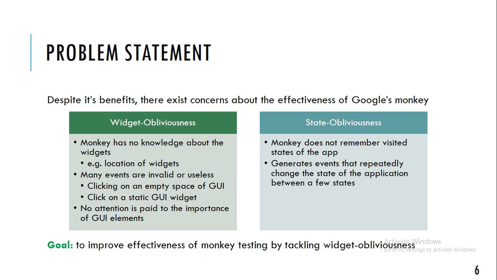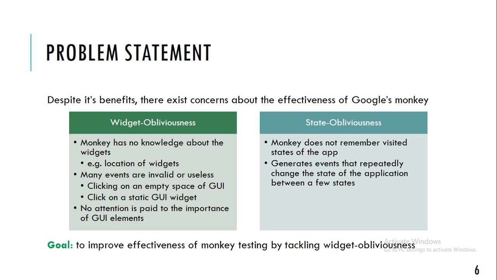Two specific shortcomings in monkey are widget obliviousness and state obliviousness. Widget obliviousness means that the monkey does not have specific knowledge about the GUI of the application under test. For example, where are the widgets?